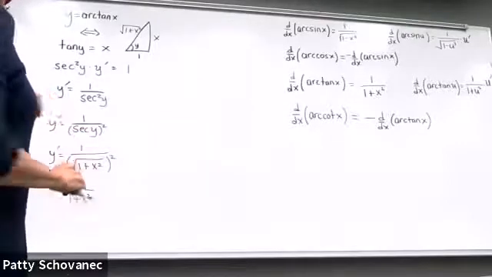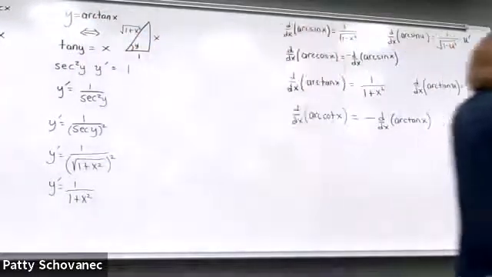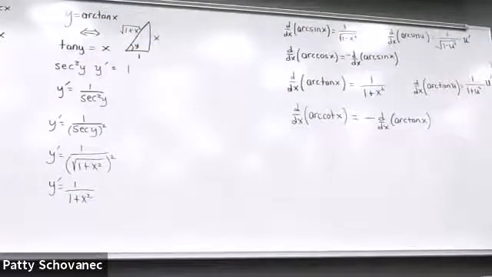The arc cosecant is going to have the same derivative as the arcsecant, but negative. So let's derive the formula for the arcsecant.